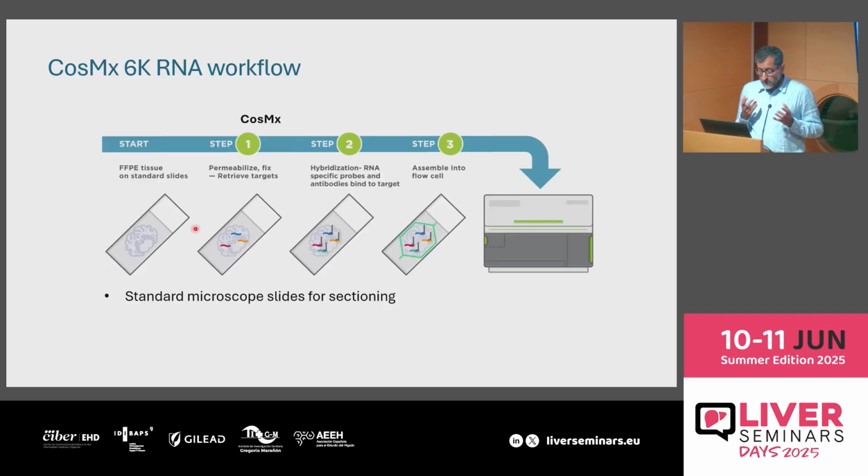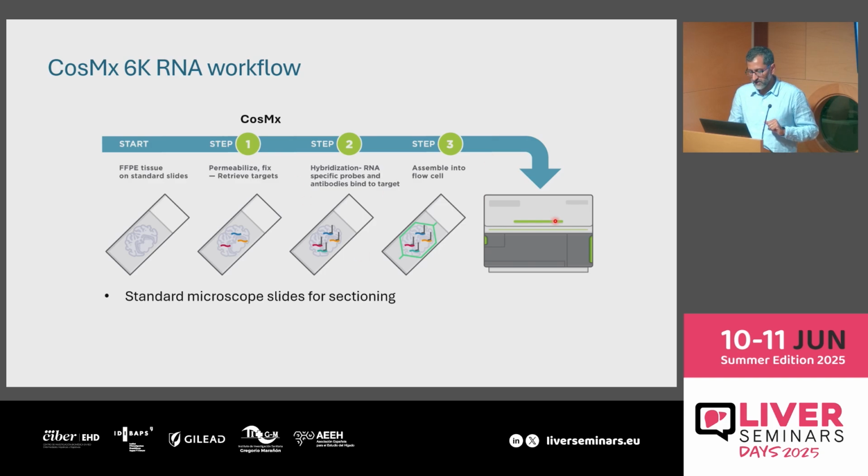For CosMx, which is a NanoString, now Bruker, platform, this is a high-plex in situ platform. You take your tissue, which is FFPE tissue, and put it onto a slide. You permeabilize it, and then you stain it with a 6,000-plex RNA in situ probe set. Theoretically it can pick up 6,000 different RNAs or genes.